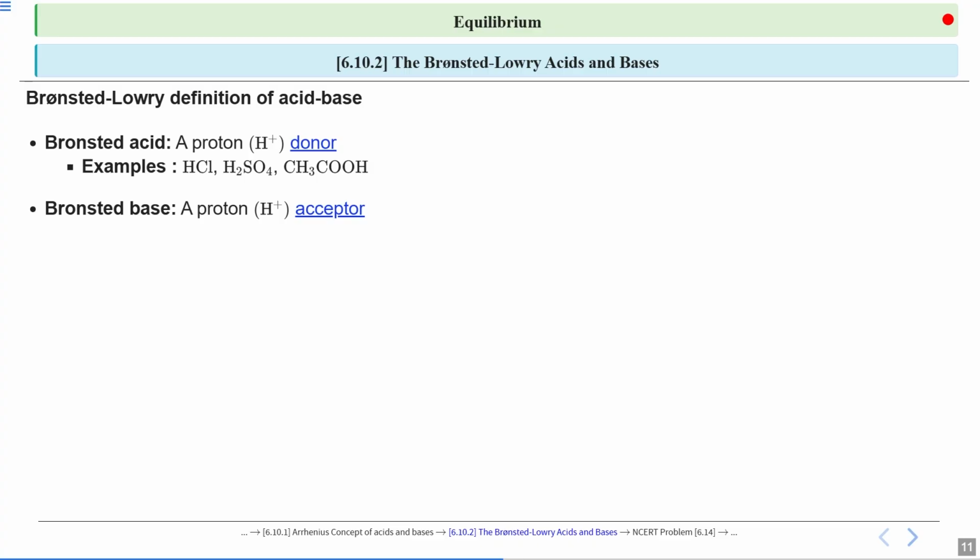Got it? So this is the difference between the Bronsted-Lowry definition of acid and base and the Arrhenius concept. What can be the examples? We can take ammonia, F minus, carbonate ion. All three will accept H plus. NH3 will go to NH4 plus, F minus will go to HF, and the carbonate ion will form HCO3 minus.